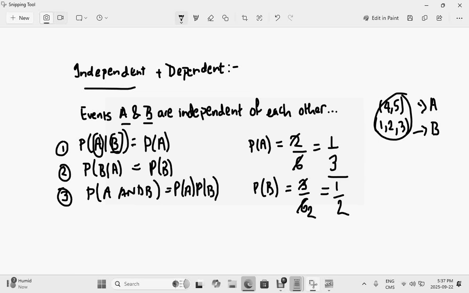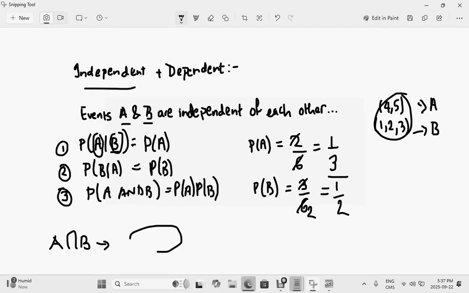Which basically means that P(A and B) has to do with A intersection B. And if we know anything about intersection, this has to do with events that repeat in both the cases, or numbers that repeat in both the events.